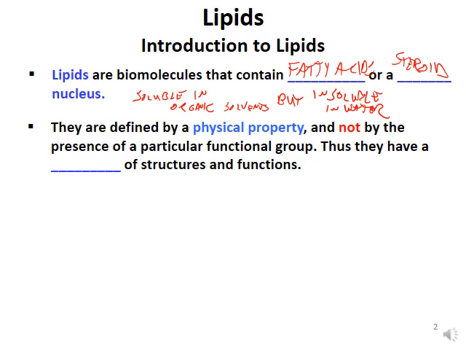Because they're not limited to just a single functional group, but combinations, they have a variety of structures and functions, which, if you're going to have a biological life form, you're going to need lots of different structures and lots of different functions, right?